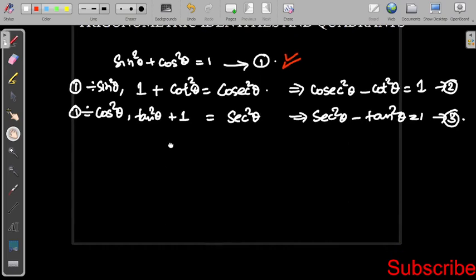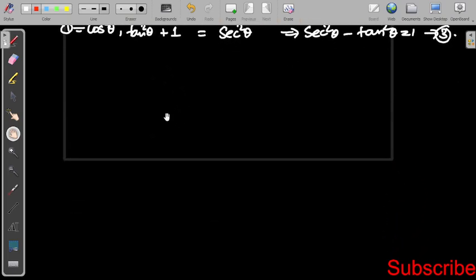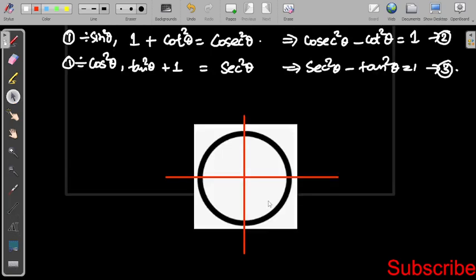Let's see the trigonometric quadrants. It is very important. For that you have to put the quadrants. Now see the quadrants. This you have to assume as the first quadrant, this as the second quadrant, this the third quadrant, and this the fourth quadrant, right?